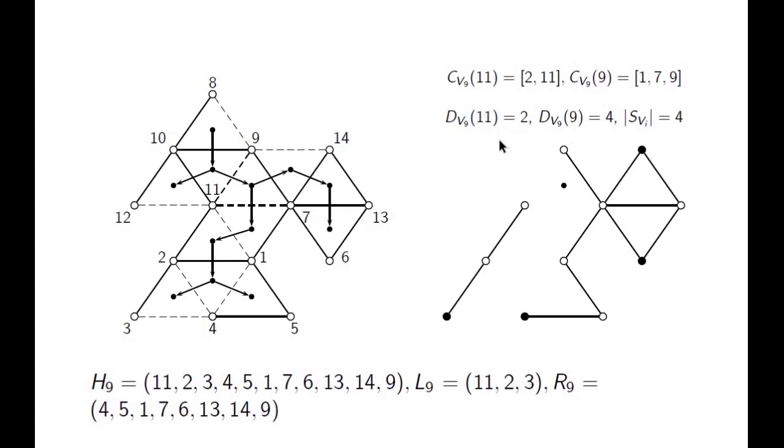So the distance between vertex 11 and a vertex from the partial geodetic set is 2, and the distance between vertex 9 and this vertex from the partial geodetic set is 4.